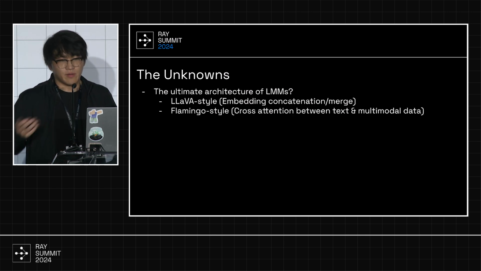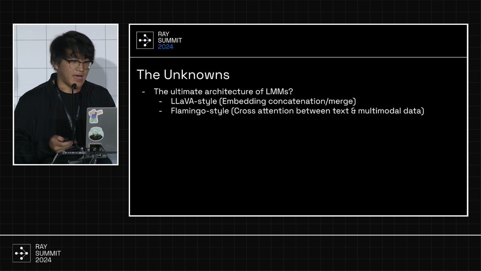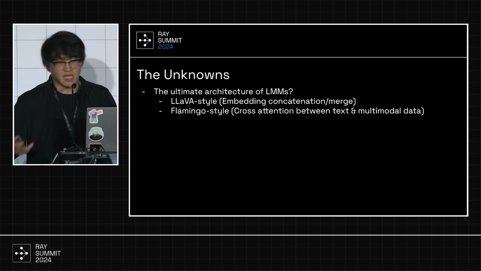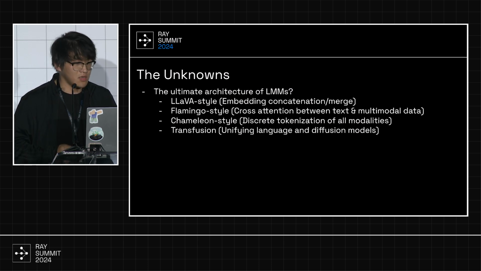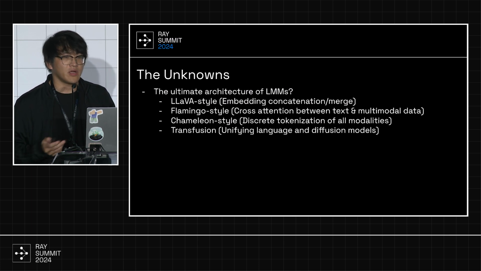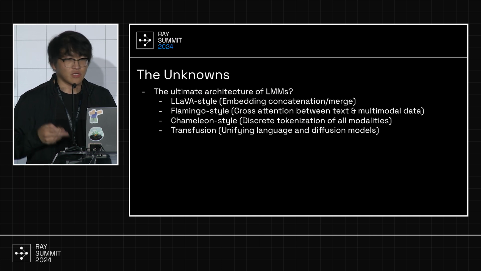Is it Flamingo based, like multimodal Llama, where you add cross attention between text and multimodal data? Is it Chameleon style, where you tokenize all modalities into token IDs and leverage the language backbone? Or is it Transfusion? It's a very interesting paper that came out of Meta AI, I think a month ago, where you merge an autoregressive transformer with diffusion in the same model, and you switch mode during inference.